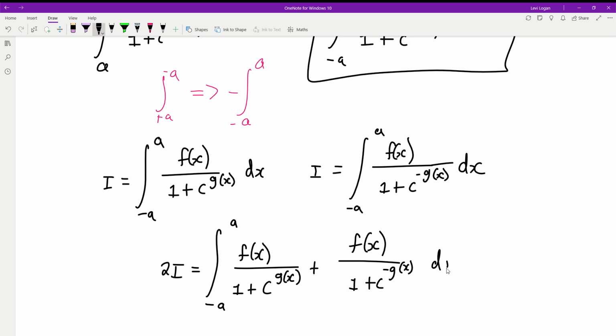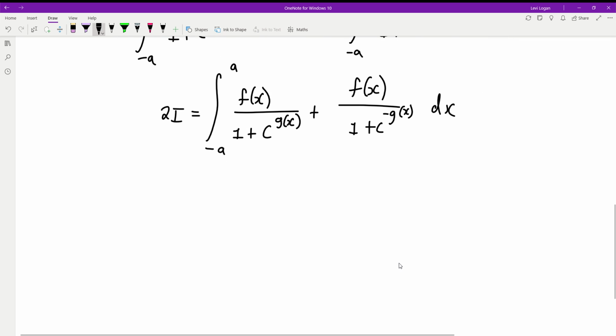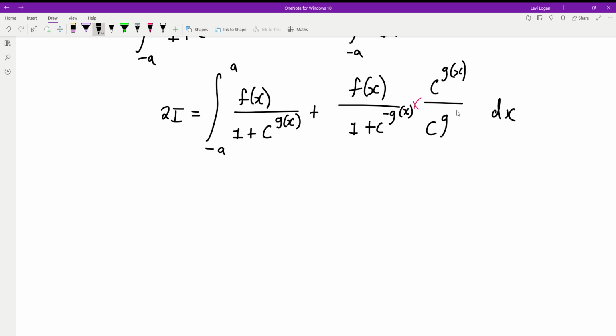Before we can do anything, we can't add them together at the moment because they don't have common denominators. However, if I multiply this term, top and bottom, by c to the g of x, that term will turn into 1, and that term will turn into c to the g of x.